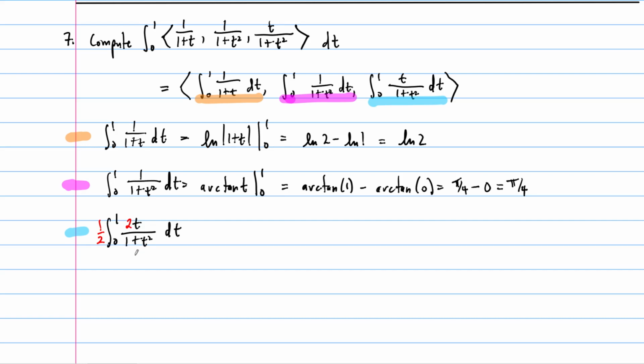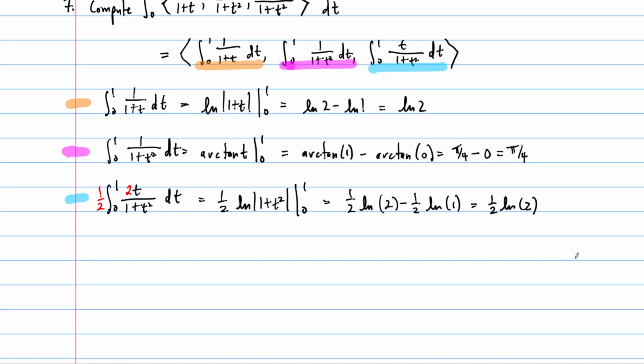So this becomes a natural log, and we end up with 1/2 natural log of 1 plus t squared from 0 to 1. So this is 1/2 natural log of 2 minus 1/2 natural log of 1. Natural log of 1 is still 0, so that's gone, and we just have 1/2 natural log of 2.